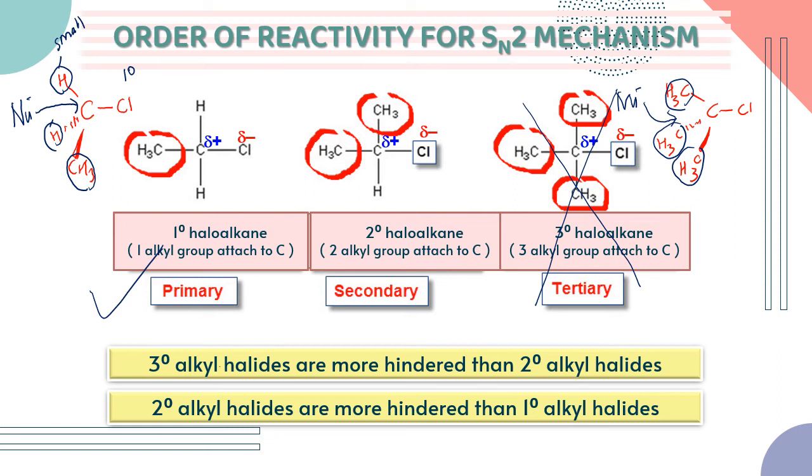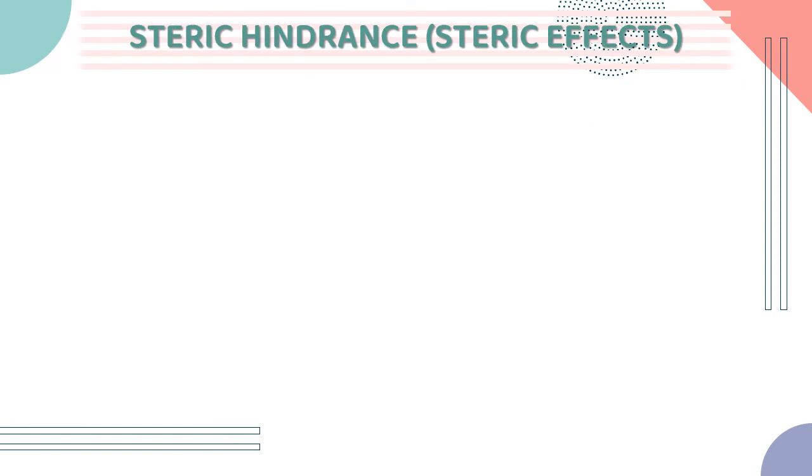Okay, so to get a clear view of what I have said just now, now we're going to discuss about steric hindrance. Kan daripada tadi, I keep on mentioning about bulky alkyl group. Okay, bulky besar. Okay, macam mana bulky alkyl group ni boleh menyebabkan SN2 mechanism tak berlaku pada tertiary haloalkane.